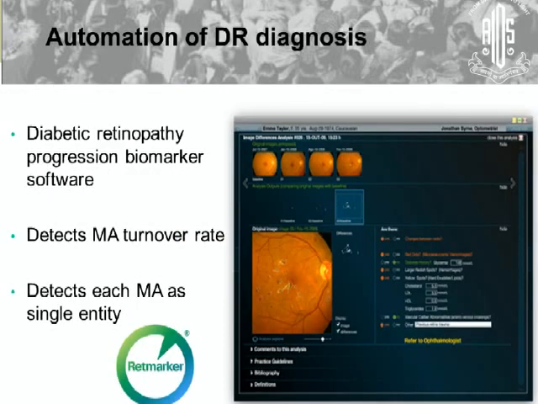Regarding diabetic retinopathy automation, there are now software which can tell us about the presence or absence of diabetic retinopathy. A commercially available one is Red Marker, and there are a lot of groups working on their own image analysis software.